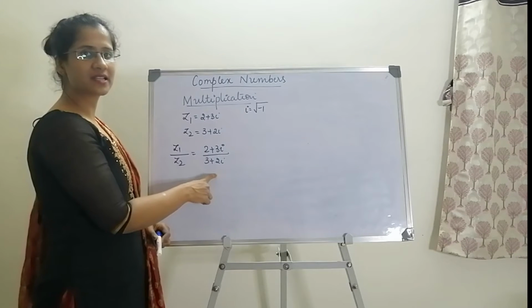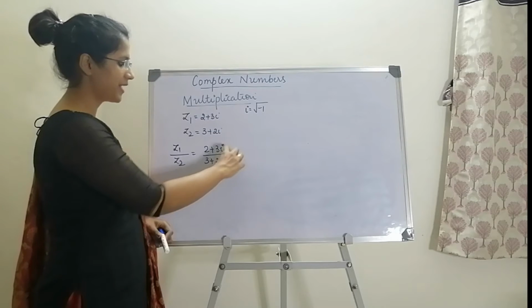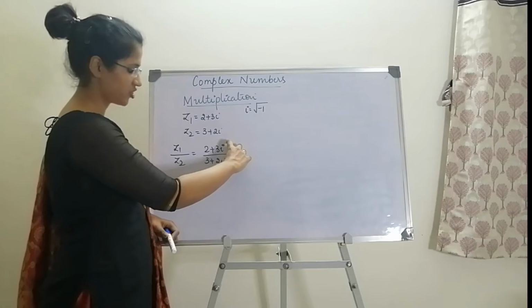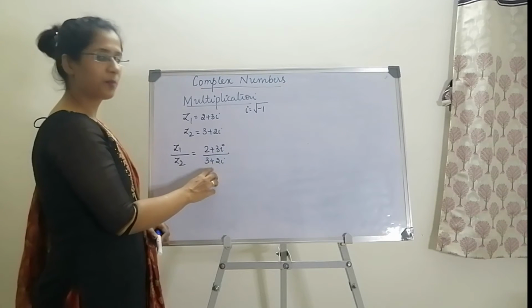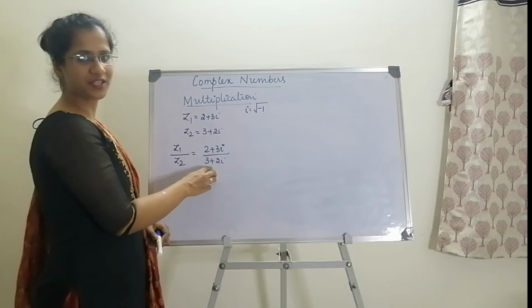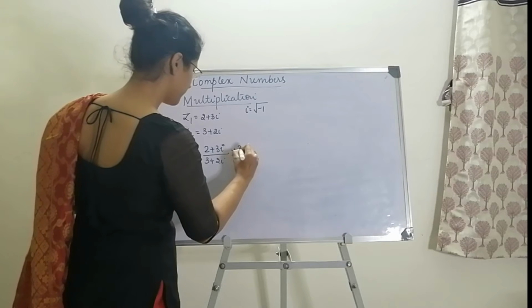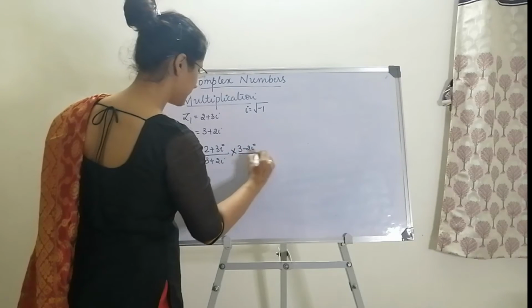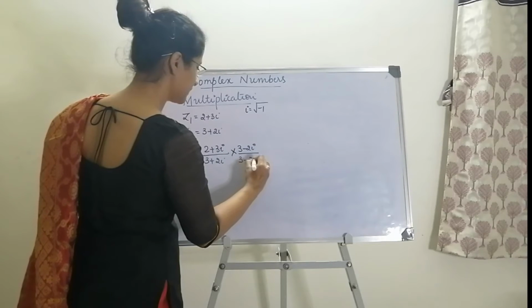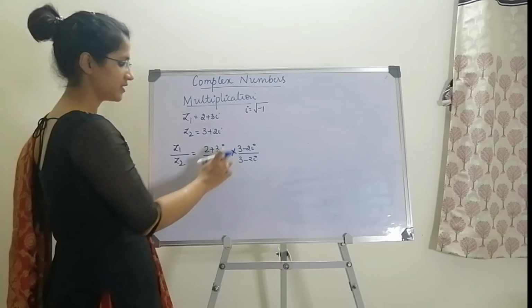How do I rationalize it? I will multiply both the numerator and denominator of this expression by the conjugate of the denominator. So this can be written as into (3 minus 2i) divided by (3 minus 2i).